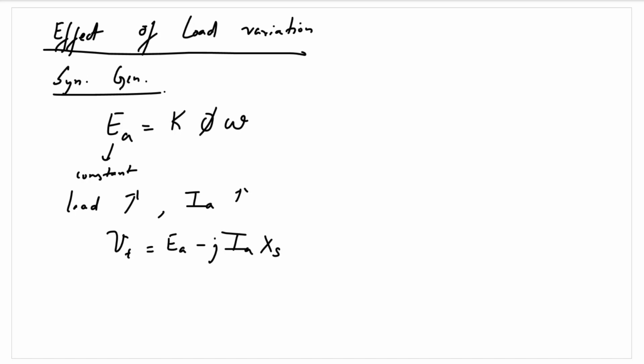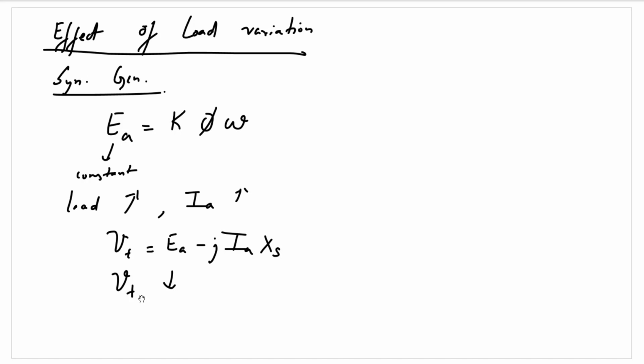We are assuming a negligible armature resistance. So since IA has increased and EA remains constant, VT therefore decreases as the load on the synchronous generator is increased. This is the normal understanding of how VT will change.